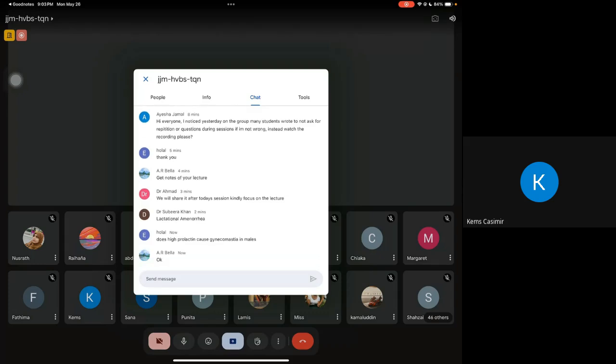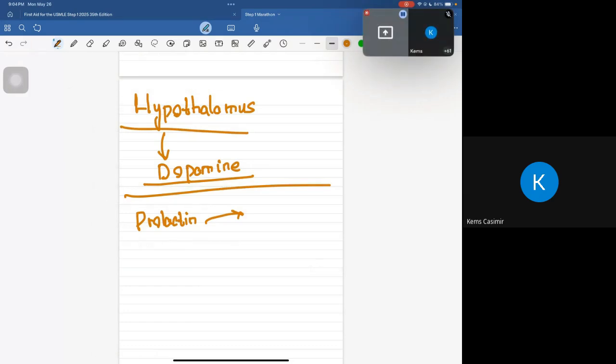Why? Because gynecomastia is caused by estrogen exposure. Whenever a patient has an increased amount of estrogen, that patient is going to have increased breast tissue, and that is going to cause gynecomastia in males. Whenever there is high prolactin, that is going to decrease the GnRH secretion, and that is not going to cause gynecomastia. But I told you that whenever a patient has high dopamine, that patient's prolactin is going to be decreased.